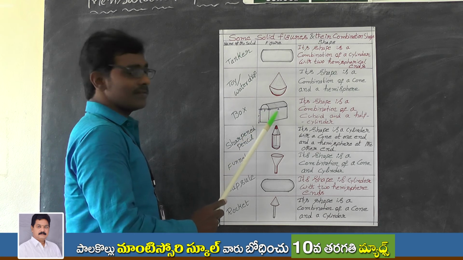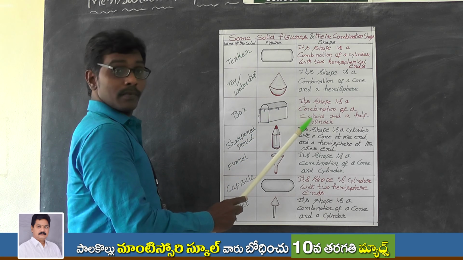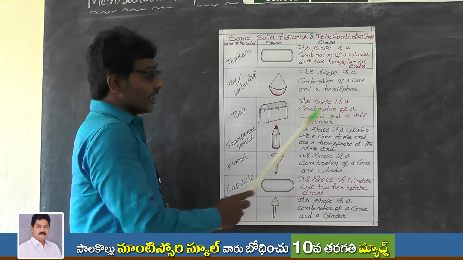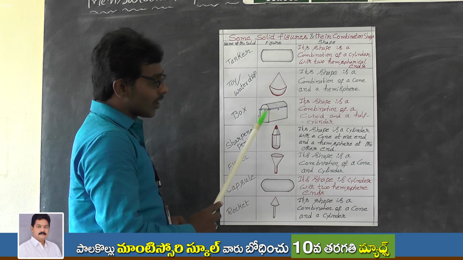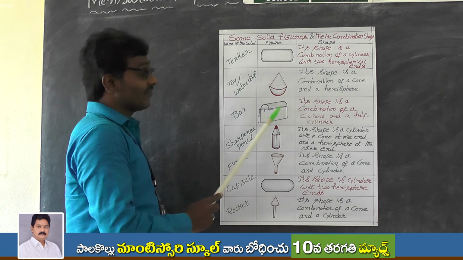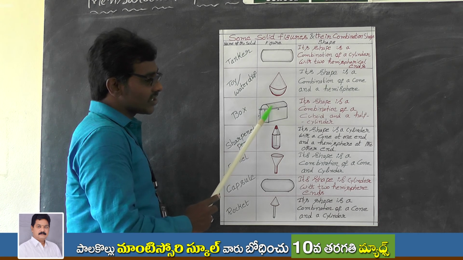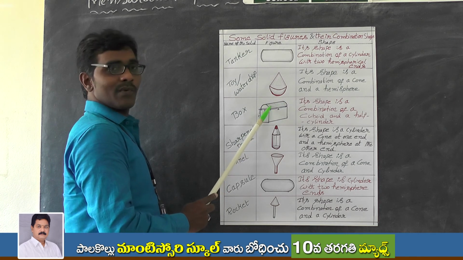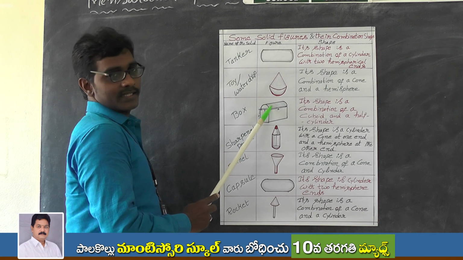So three measurements are there. It is a cuboid, and one more solid is joined, that is half of the cylinder. The shaded face is totally required, that is half of the cylinder.